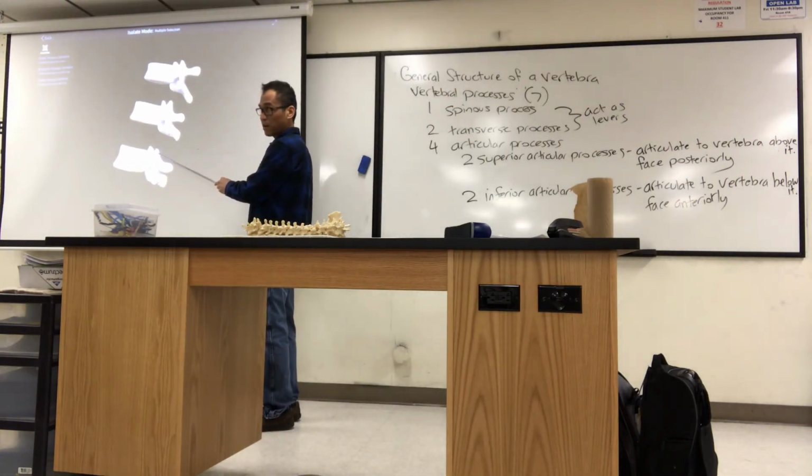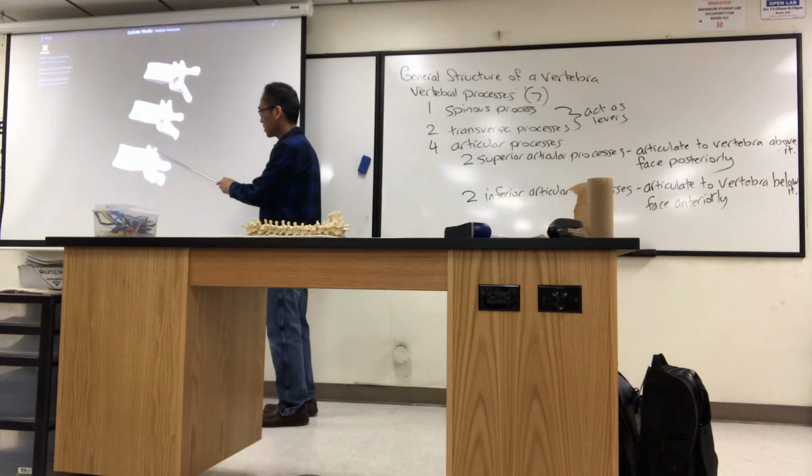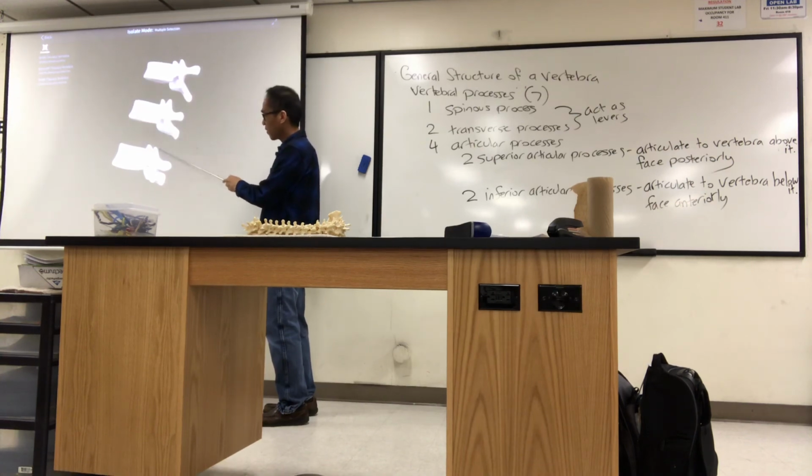Identify. Superior articular process. It faces backwards, because when it articulates with this one, it faces forward. So this superior articular process articulates with the inferior articular process of the one above it. That's why the inferior ones face forward, and these face more or less backwards, so that when they come together, they articulate.